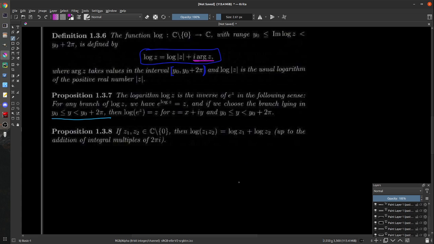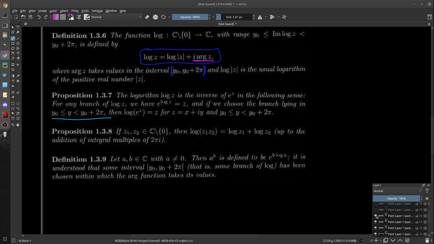But that aside, it basically says that the properties of logs you want carry over as long as you're careful to loop back around when you're talking about the angle, and not go outside of your arg range. You'll get a lot better sense for it as you start to work with these.